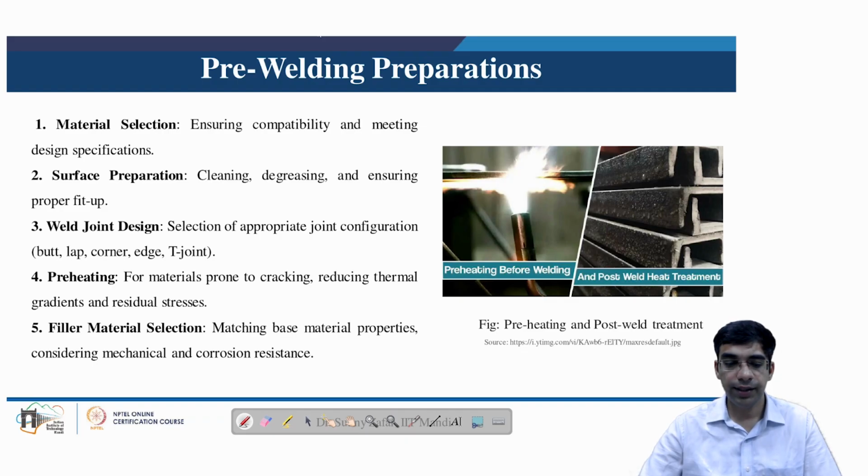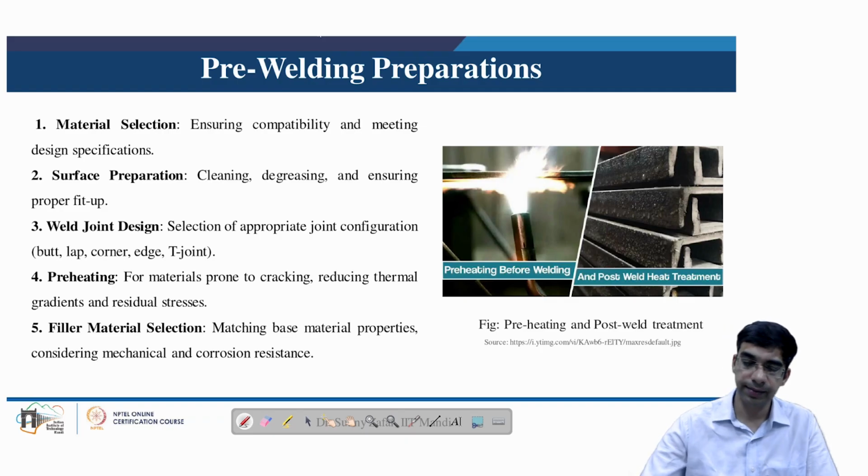Weld joint design involves selecting an appropriate joint configuration, such as lap joint, butt joint, corner, edge, or T joint. Preheating may also be conducted for materials which are prone to cracking, to reduce thermal gradients and residual stresses. Filler material is selected to match the base material properties, considering mechanical and corrosion resistance.